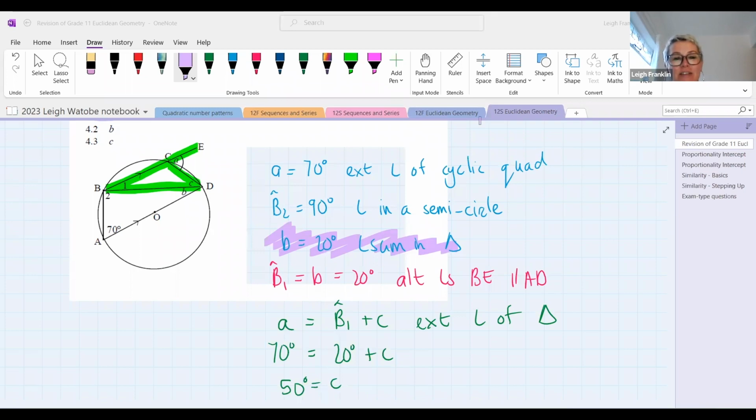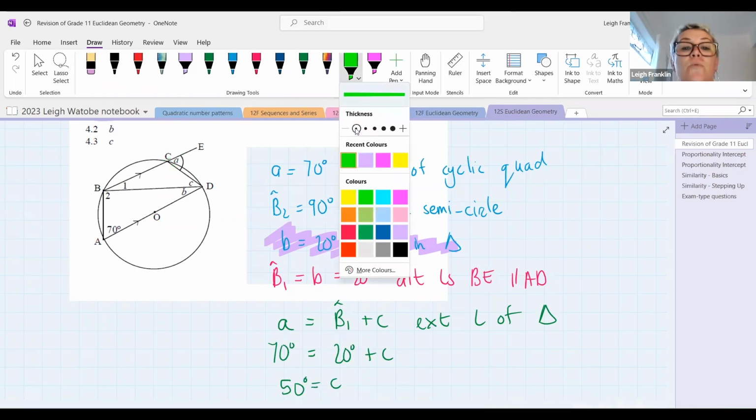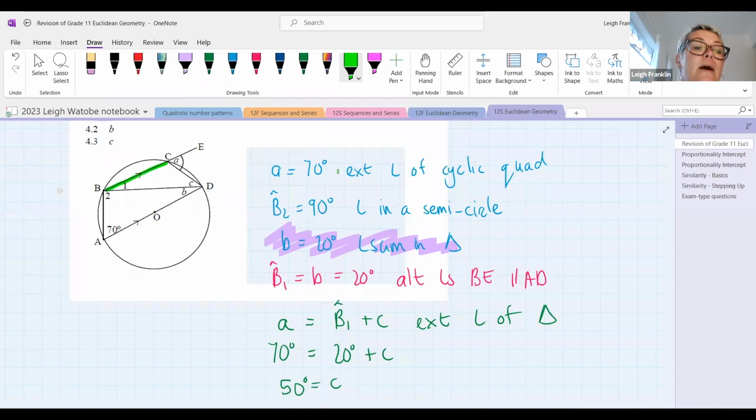Okay, and then there's a question again about the alternate angles. So let me rub this off and I'll show you again the alternate angles. So first thing that I need to do is identify the parallel lines. So I'll tell you what, let me make this a little bit smaller and let's do that. So here are your parallel lines. There's the one parallel line.